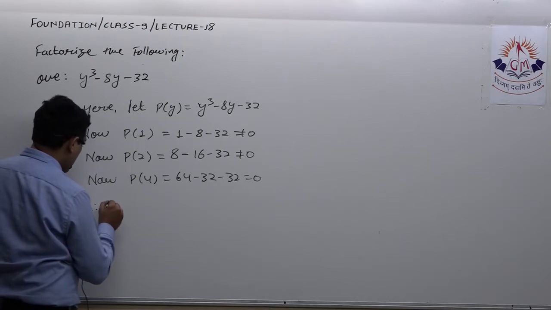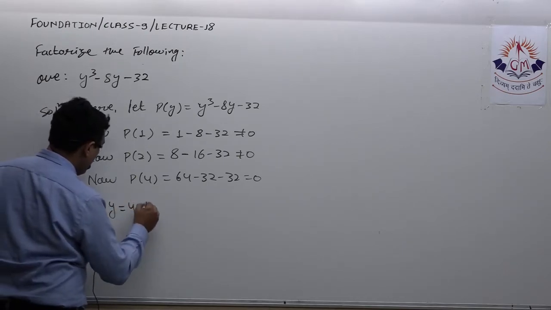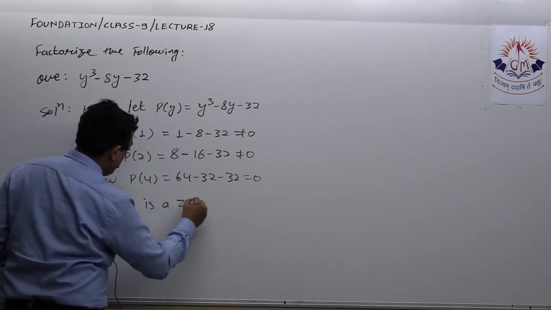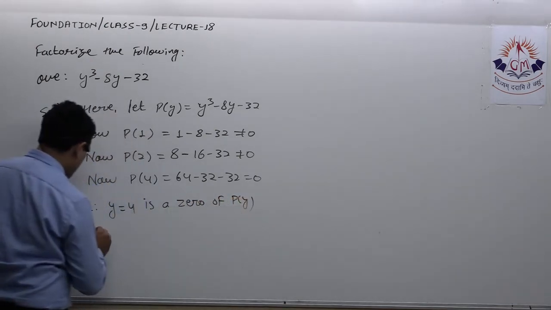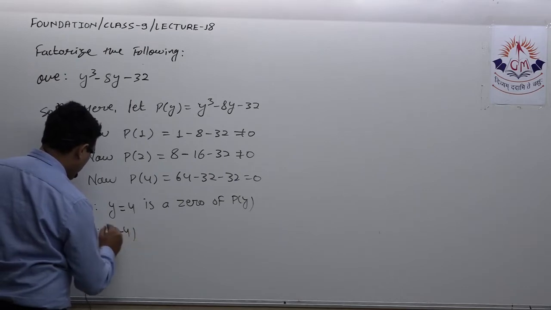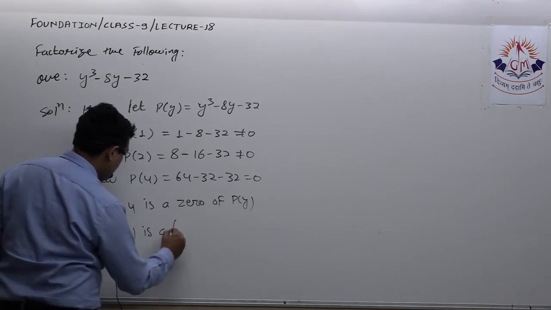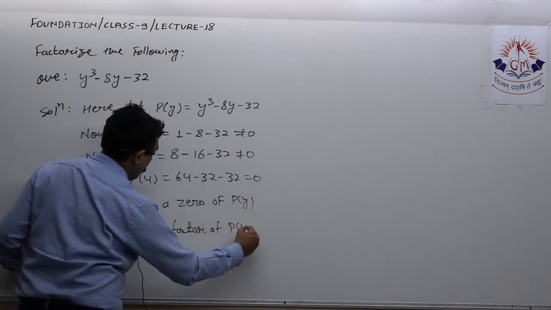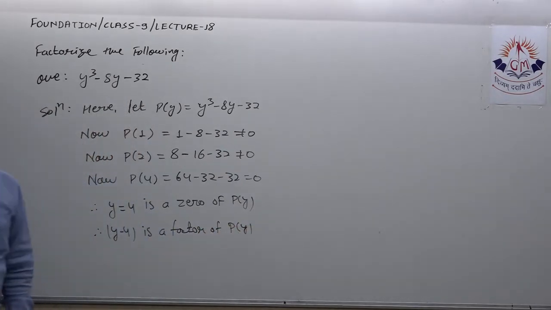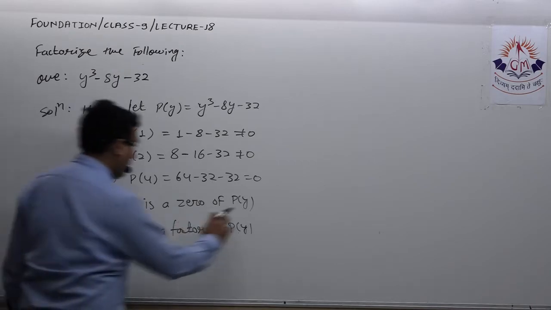Therefore y equal to 4 is a zero of p of y. Therefore y minus 4 is a factor of p of y. Okay, so that gave you one factor of the polynomial.